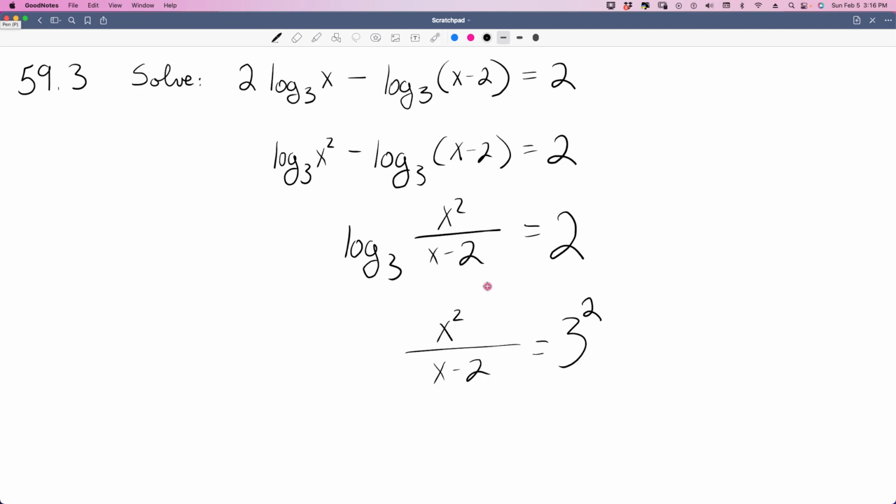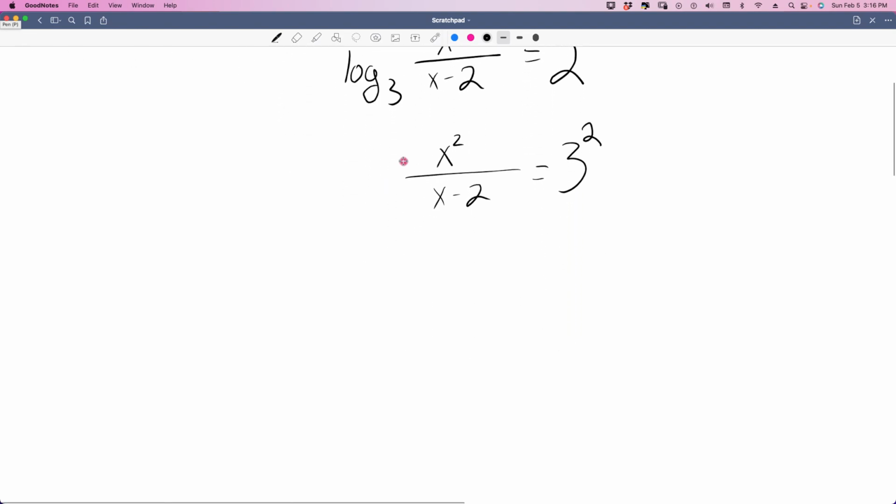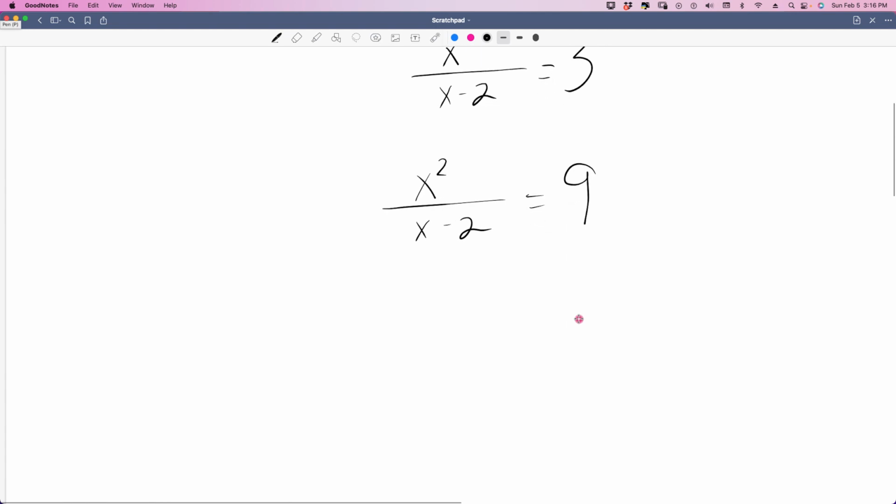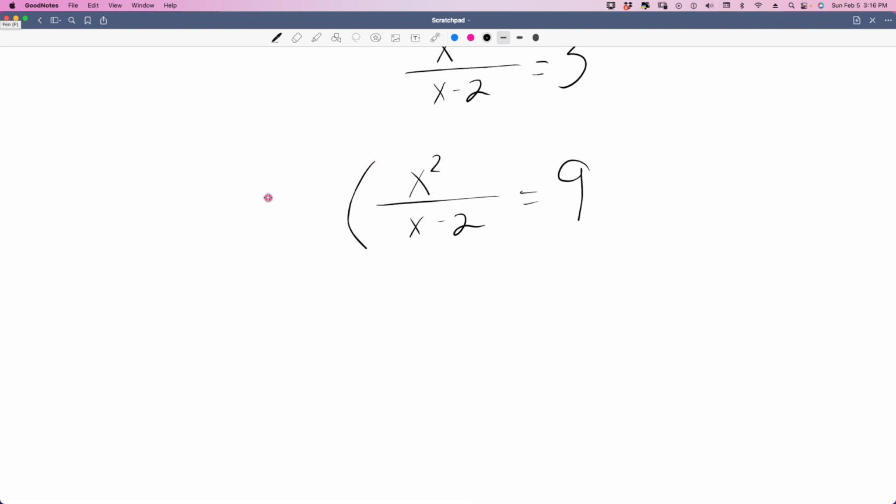So now we can solve from there. And so what we do to solve is we take this denominator and we multiply it by both sides after, of course, we do this. So we'll first simplify this and say x squared over x minus 2 is equal to 9. And then that becomes x minus 2 times x minus 2 on both sides, right?